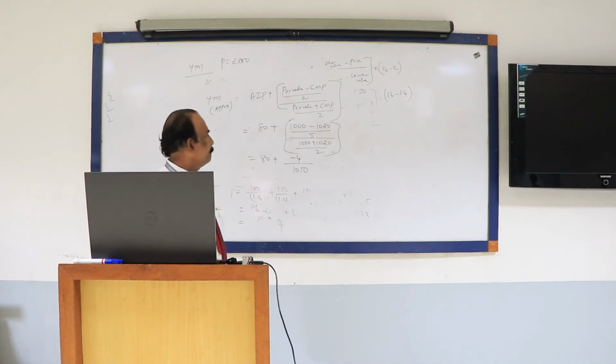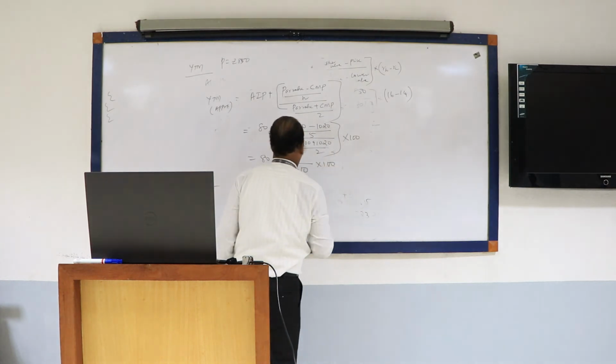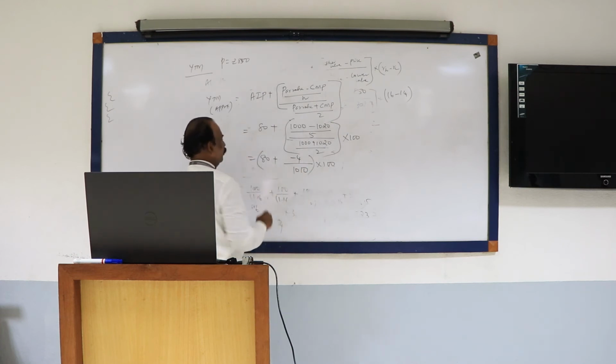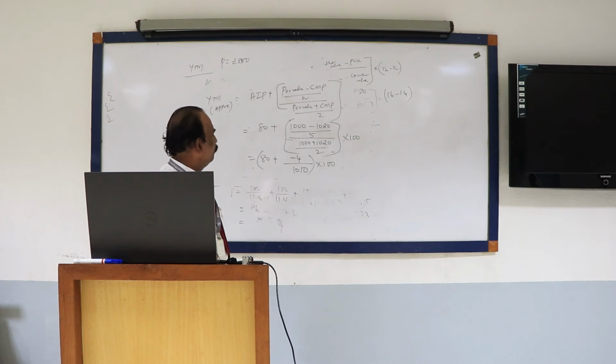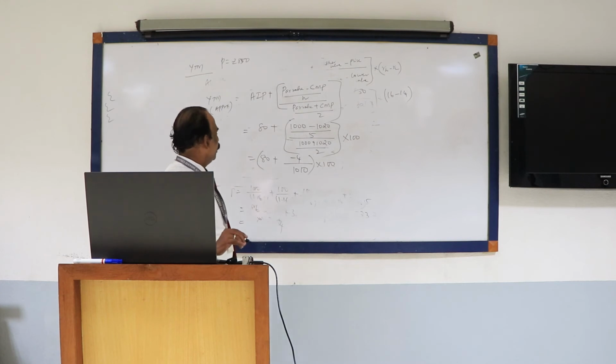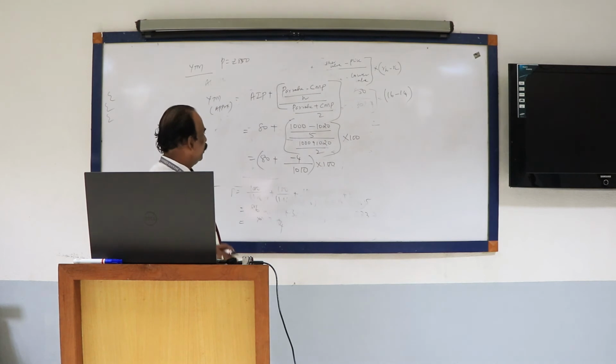Minus 4 divided by 1010, multiplied by 100. How much comes?